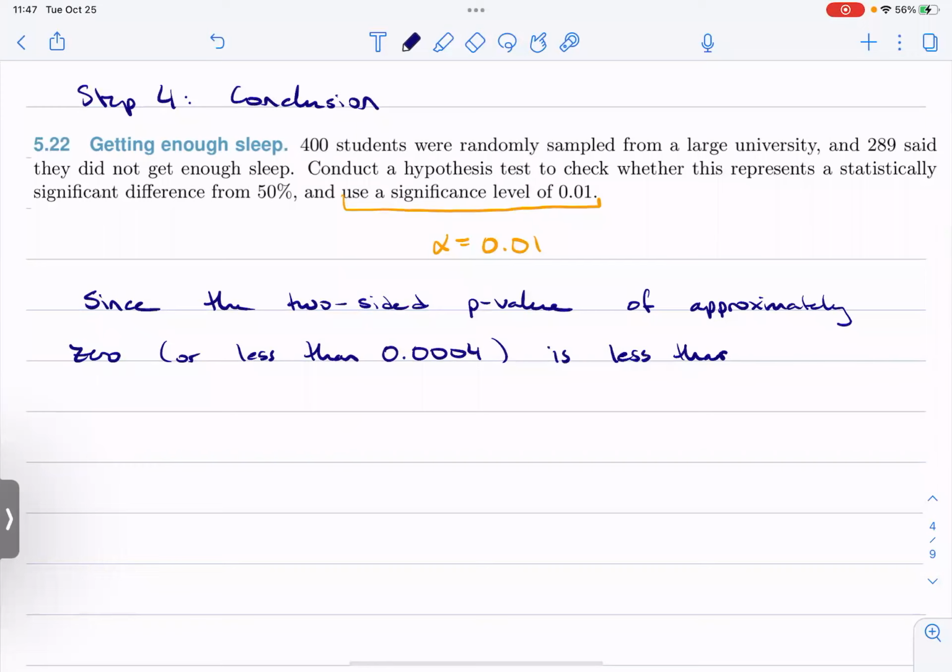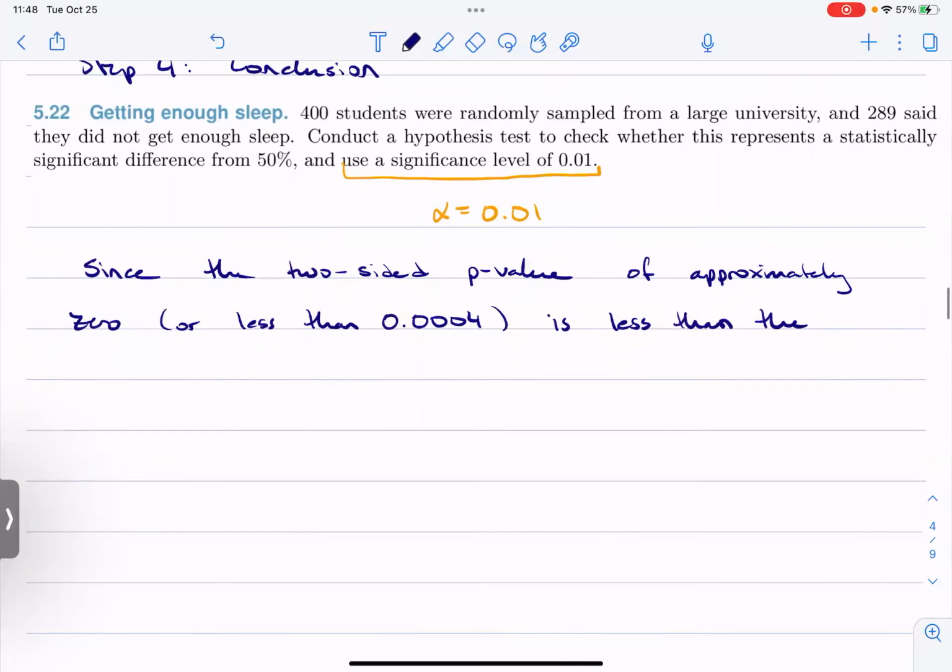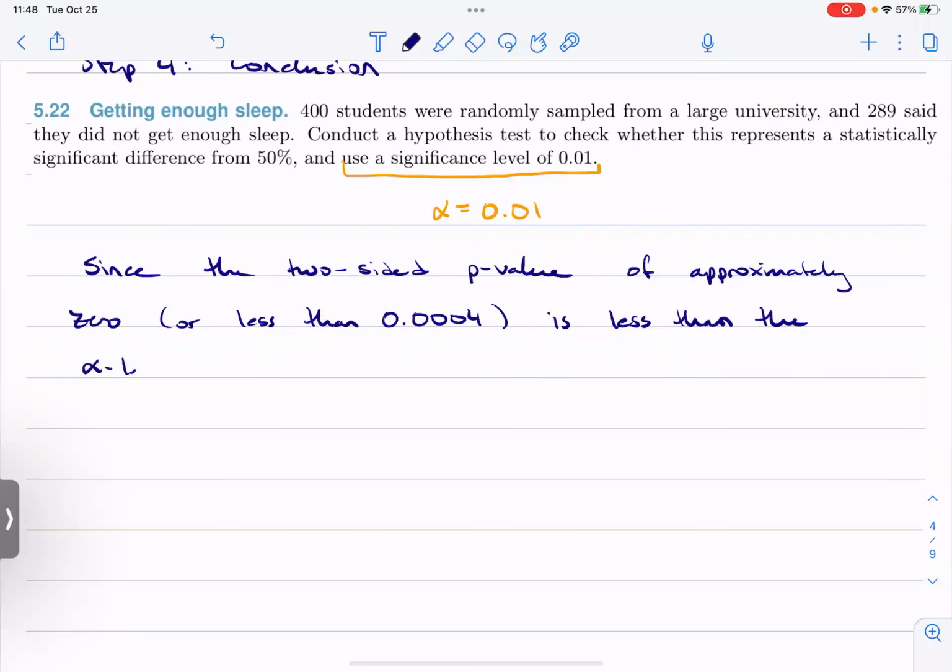Again, you want to say what it is, mostly to highlight that you know what it is.